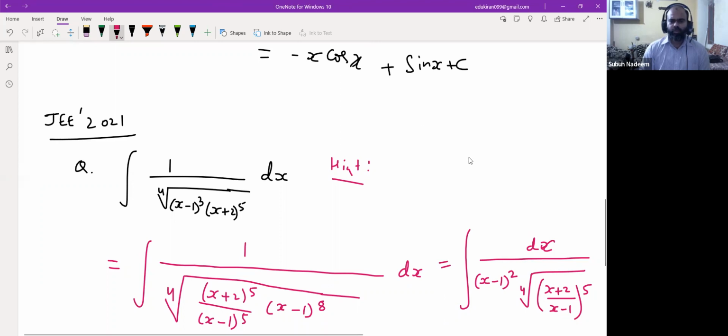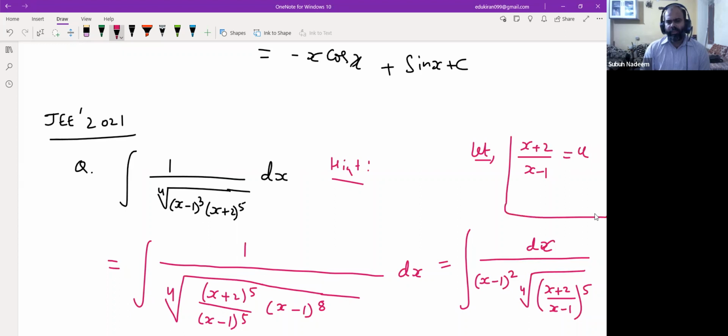What you will substitute here is, let x plus 2 by x minus 1 be u, and just check on differentiating what you are getting du as.